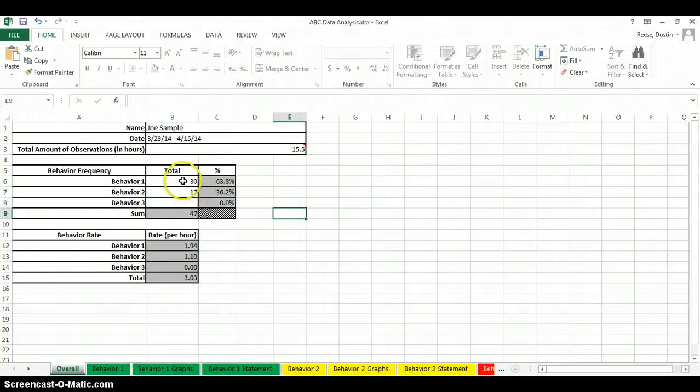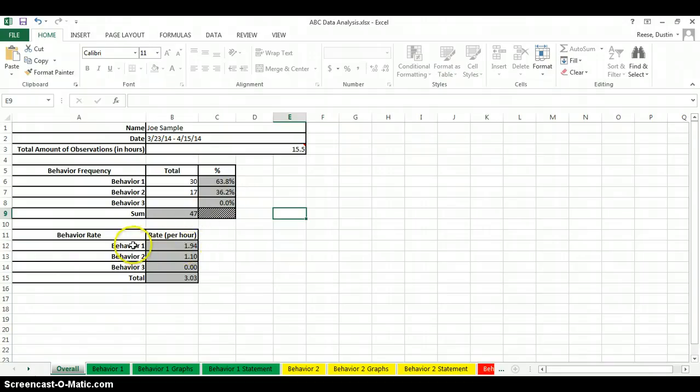So as you can see, as you're entering this data, it calculates the total amount of behaviors observed, which was 47 in this case, and the percentage of behavior that occurred. So for instance, disruptive behavior, of the 47 total behaviors, it occurred 63.8% of the time, and refusal behavior was 36.2%. And at the bottom is the rate.